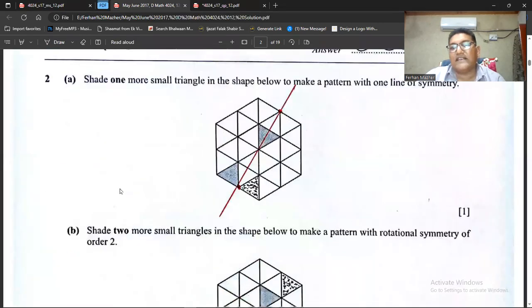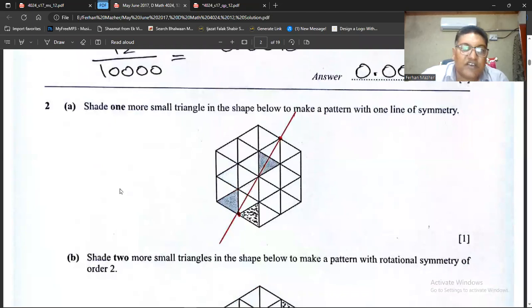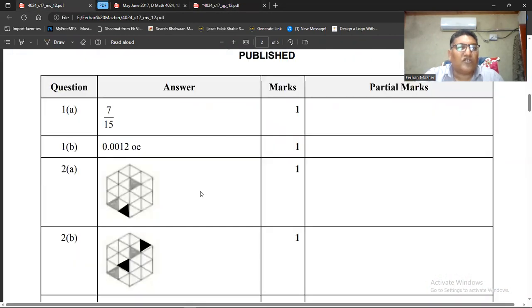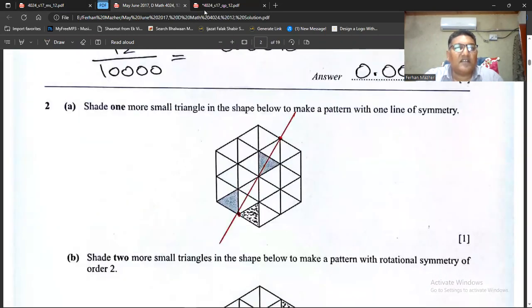Here you can see I have shaded this triangle. A line of symmetry is a line which divides the figure into two equal parts, and when you fold the figure along that line, the colored triangles will come on the colored portion, and the white portion will come on the white portion. So this is the right answer, sir.